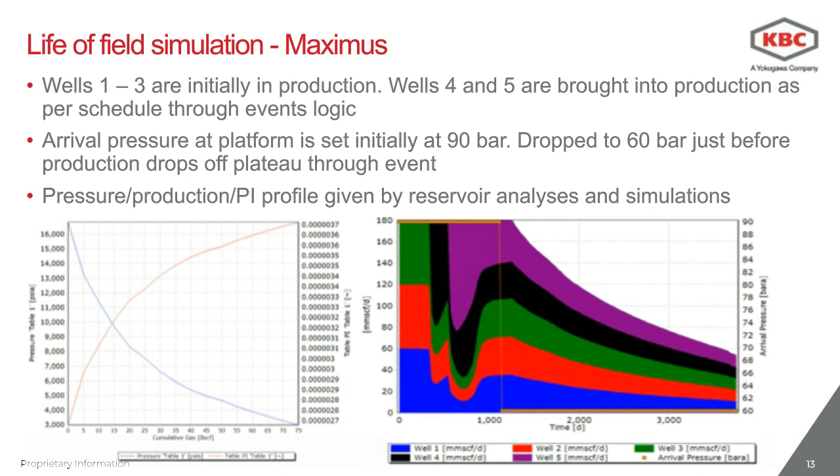You can see the 3 wells in blue, red, and green in production right from the start. The black and purple areas are the flow rates of well 4 and 5. On the dotted line, you see the arrival pressure at 90 bar dropping to 60 bar after about 3.5 years of production.